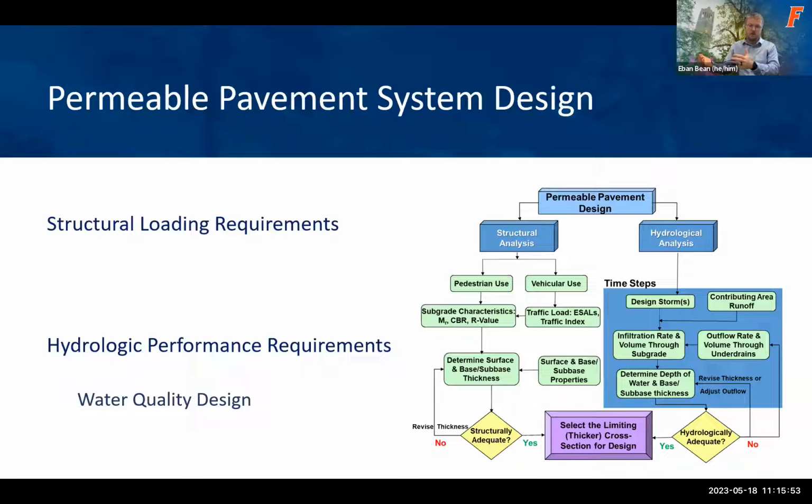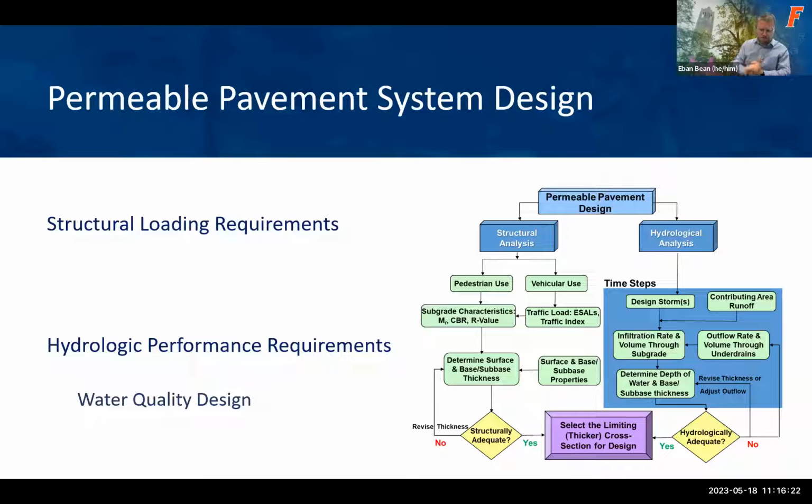But maybe you have to have a greater volume of water than what is in the reservoir course. That would be a situation where your hydrologic design would drive the design, and you may have to increase that depth to meet both the hydrologic and structural requirements. Now, water quality design is another aspect that can be incorporated. We'll touch on that a little bit later as far as how it can be integrated into the design here.